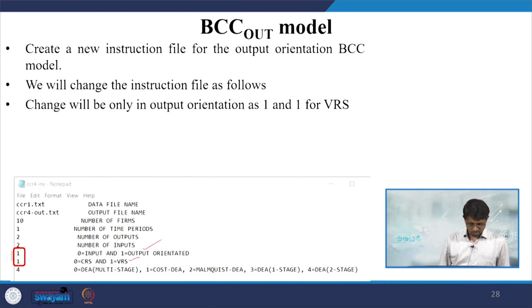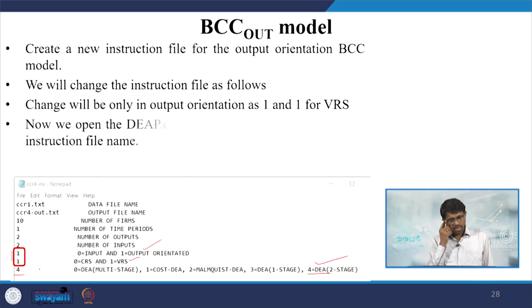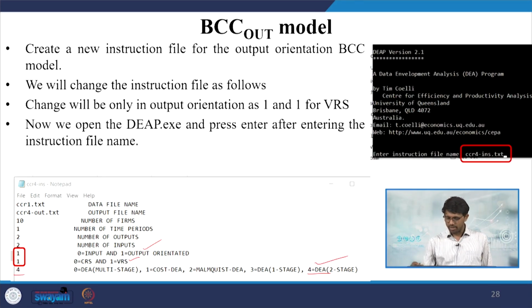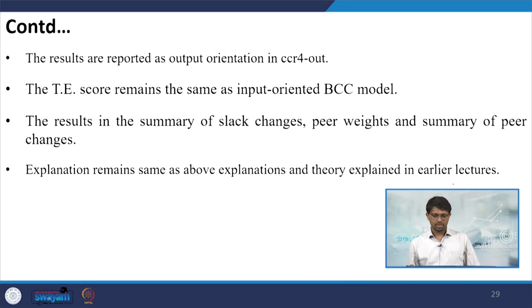We already discussed that a couple of minutes back. Your instruction file has to be specifically written for this particular operation. The technical efficiency scores remain the same as the input-oriented BCC model, but the slacks change a bit. So, accordingly you can explain the slacks carefully by applying the appropriate formula.